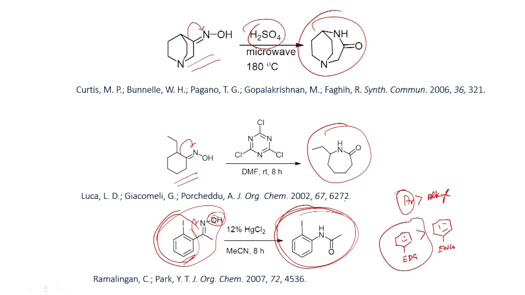This clearly shows that, if you try to remember the earlier case, this acts as a neighboring group in this case, and assists to form the arenium ion intermediate by neighboring group participation. Once you form this one, now this can migrate to this nitrogen, and this may be responsible. When you have the electron donating group, the reaction is accelerated compared to that having the electron withdrawing group.